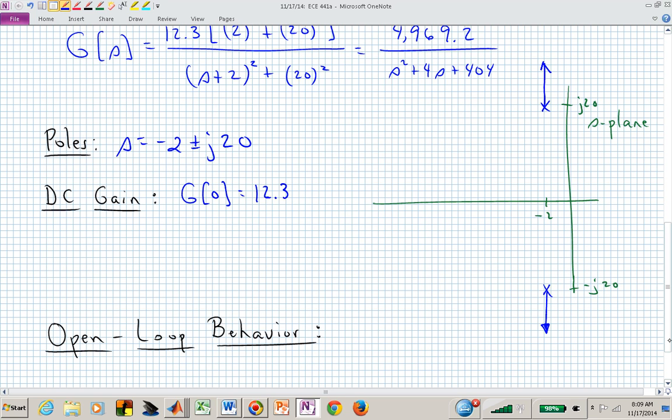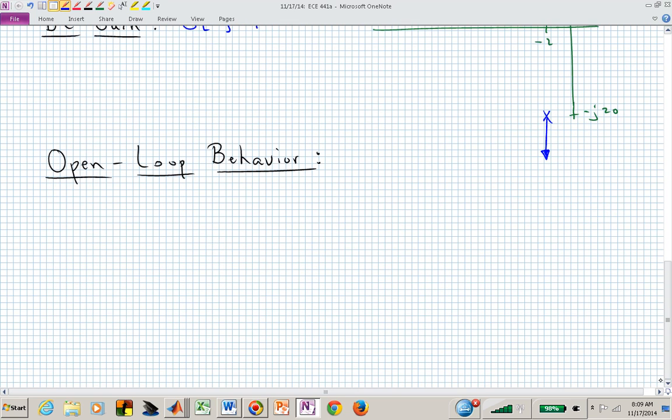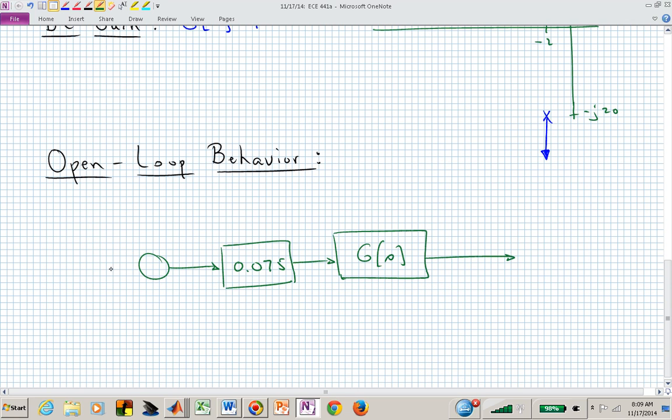So let's now look at what we might obtain here, and I'm going to call this open loop behavior. Suppose that we now have our K sub PF, we have our system that we've now identified above as that two-pole system.